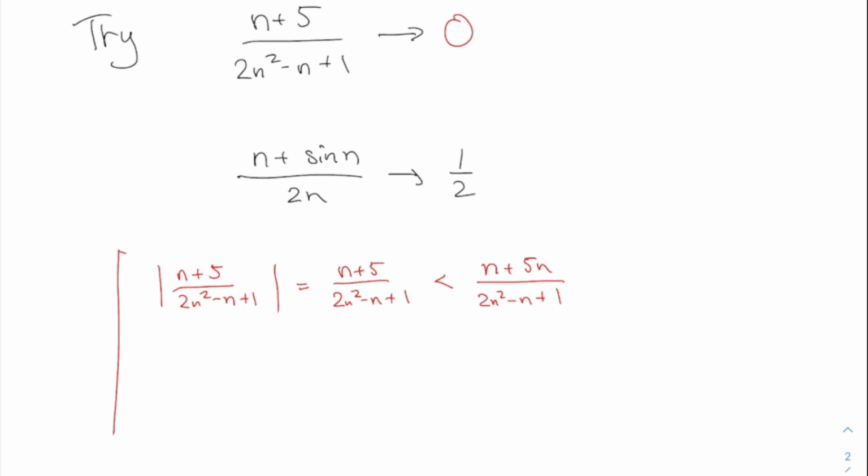Well, you could just make this a six. You can factor it in and cancel it where you can.